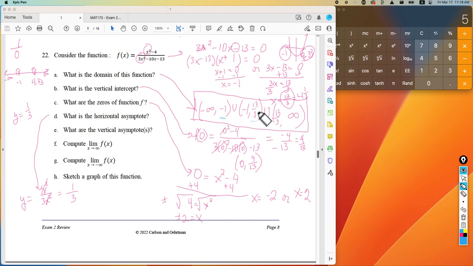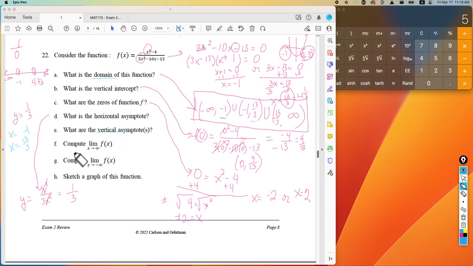So those are also going to be our vertical asymptotes, when x equals negative 1 or x equals 13/3. So whenever I'm answering the question about the domain, I'm answering the question about vertical asymptotes at the same time. Vertical asymptotes are actually not part of the graph. They're the places that it gets away from.